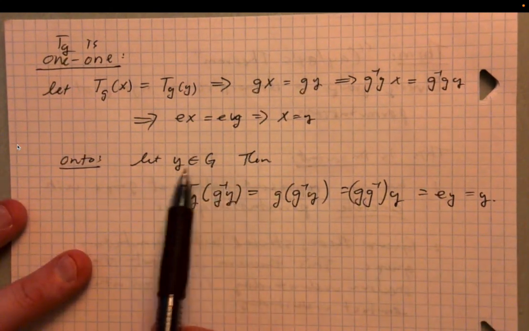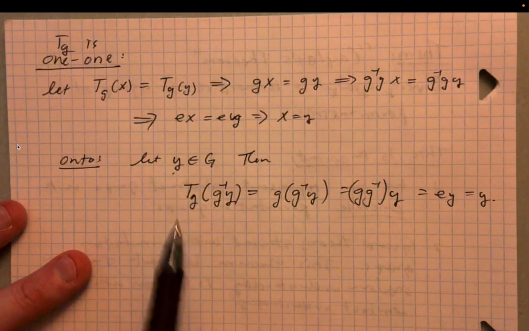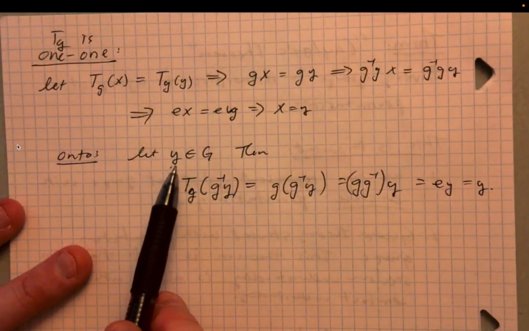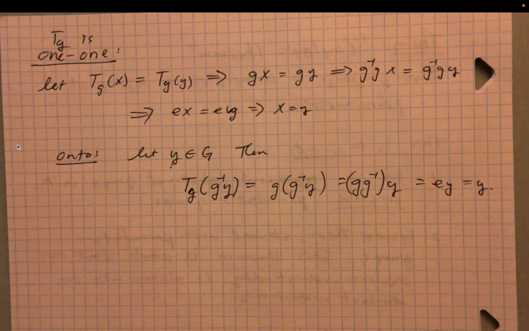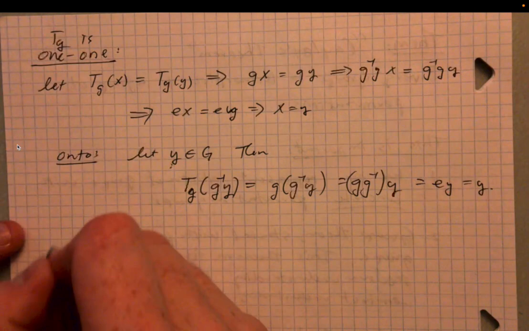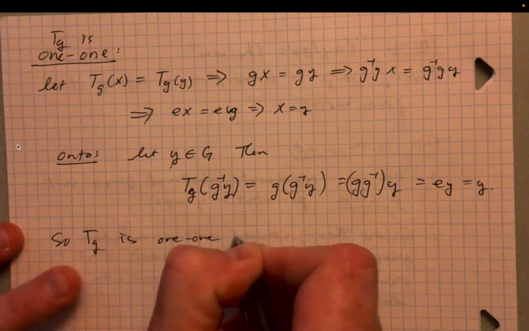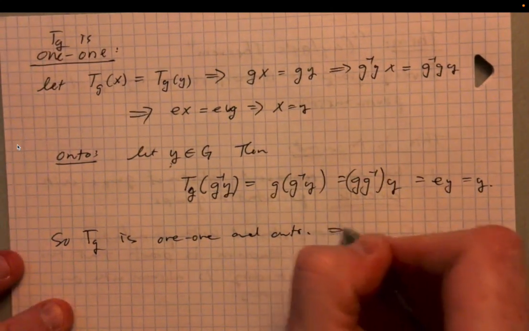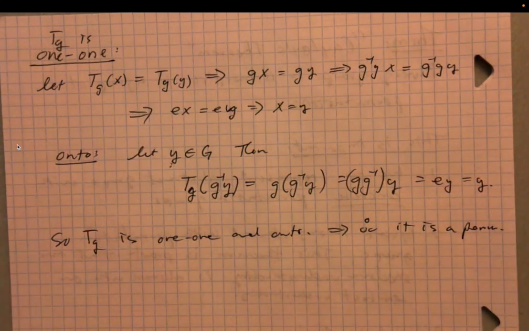So given y, and given that I know the mapping T sub G, the element that maps to y is just g inverse y. That's general. So T sub G is one-to-one and onto, and therefore it is a permutation.